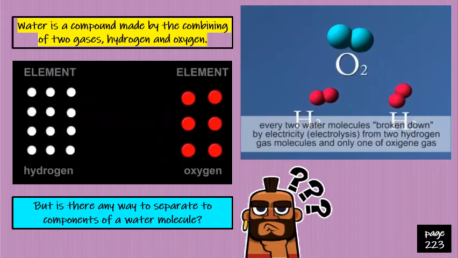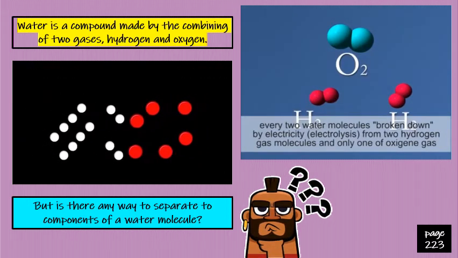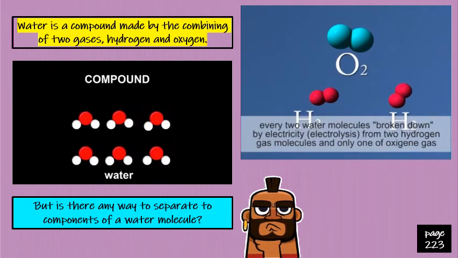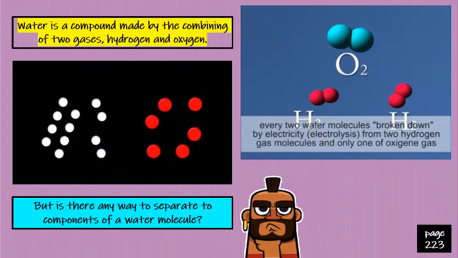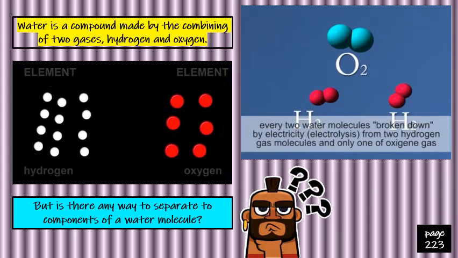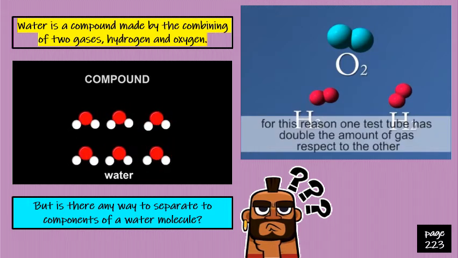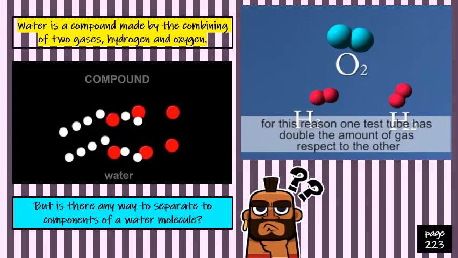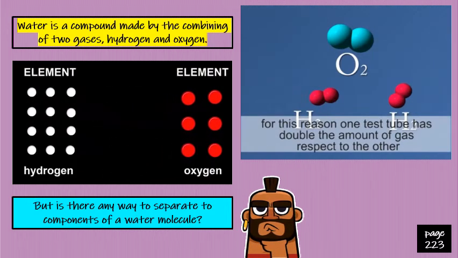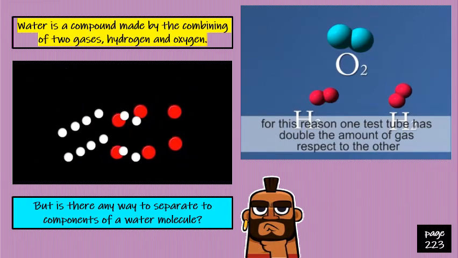Every 2 water molecules broken down by electricity form 2 hydrogen gas molecules and only 1 of oxygen gas. For this reason, 1 test tube has double the amount of gas with respect to the other.